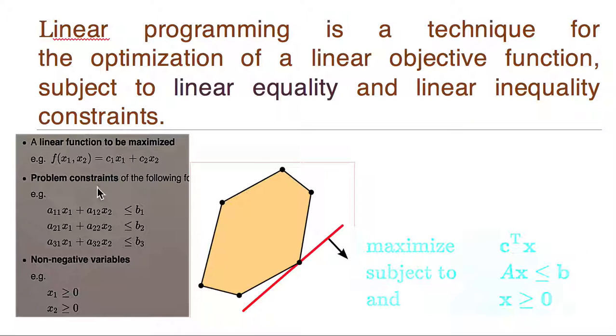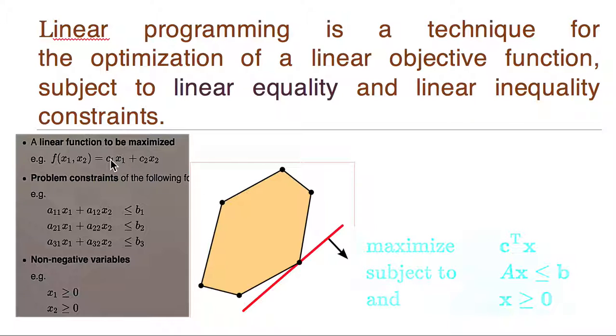X is the vector x1, x2, and B is the single row matrix B1, B2, B3, and X is greater than or equal to 0. That is the other constraint, and we want to maximize c transpose x.